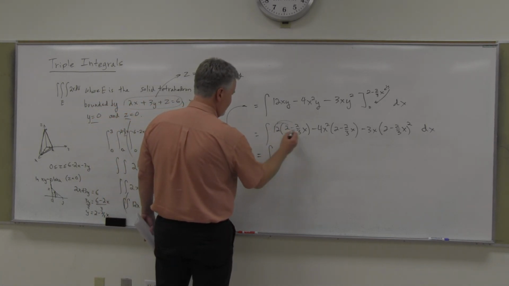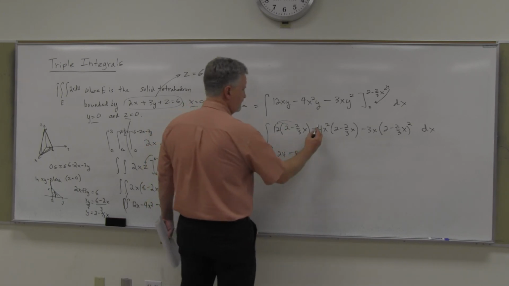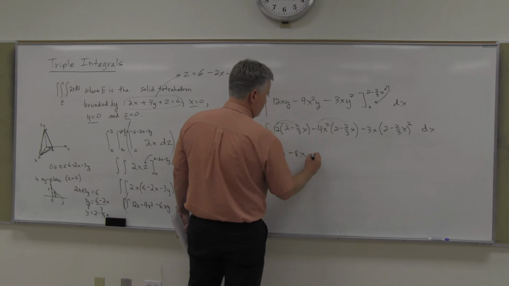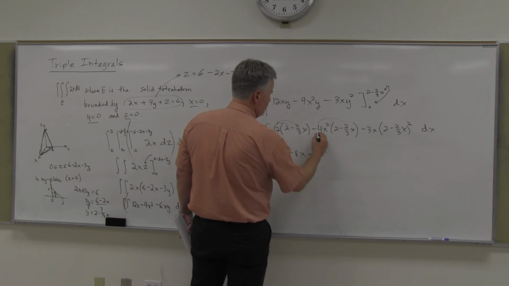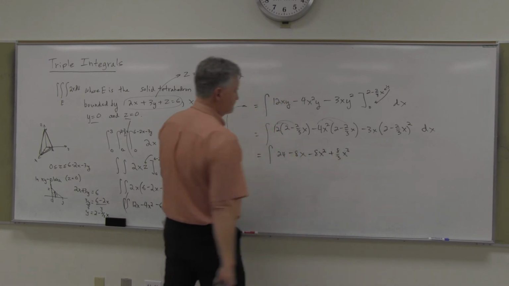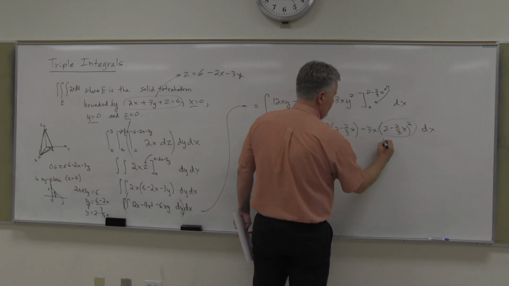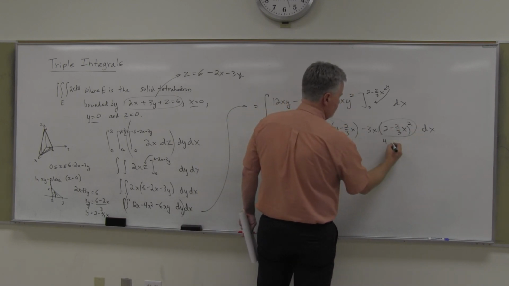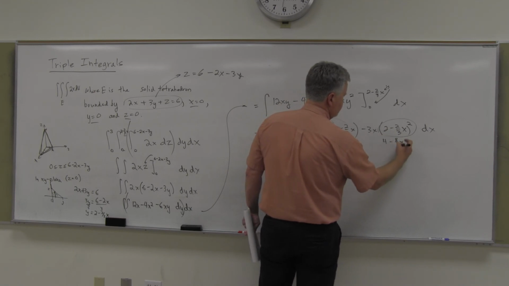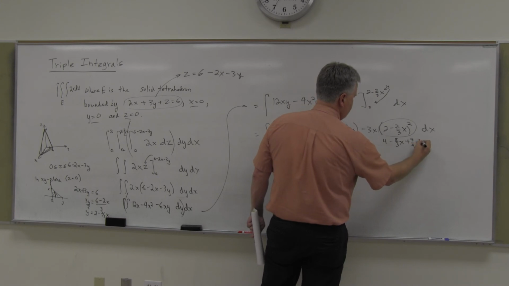All right, so distribute the 12, it'll be 24, 12 times 2/3 minus 8x, here's what that would be. Distribute the 4x squared here, it'll be minus 8x squared plus 8/3 x cubed. Here we just have a little matter, we've got to square that out, so it'll be 4 minus 4/3 minus 4 would be minus 8/3 x, and then minus 2/3 x times minus 2/3 x is plus 4/9 x squared.